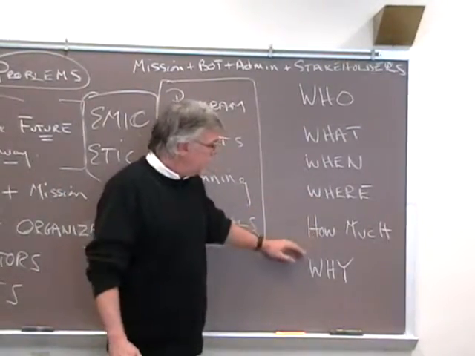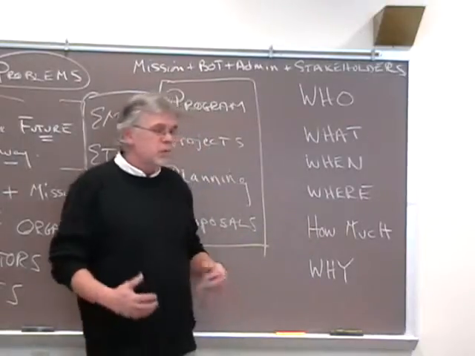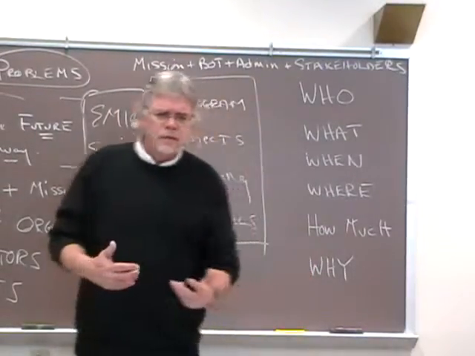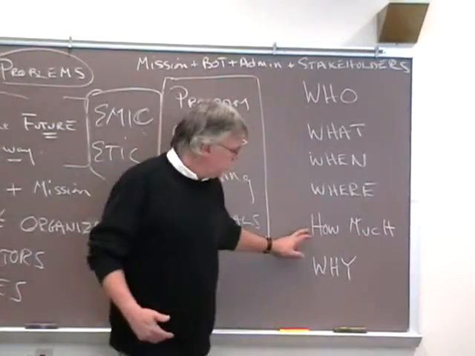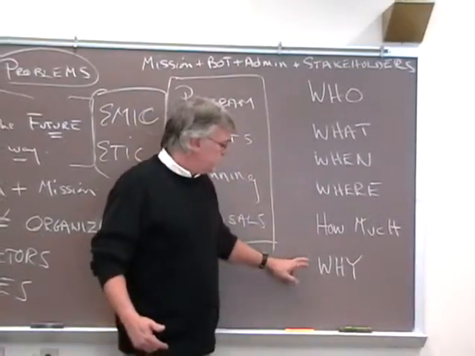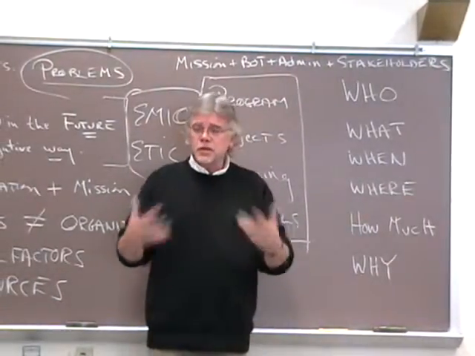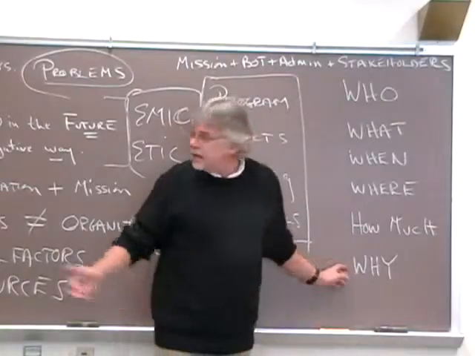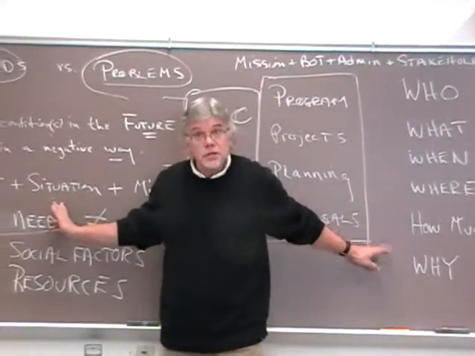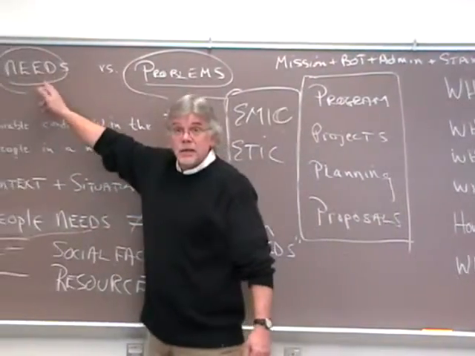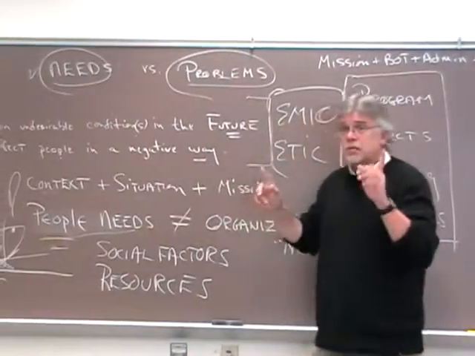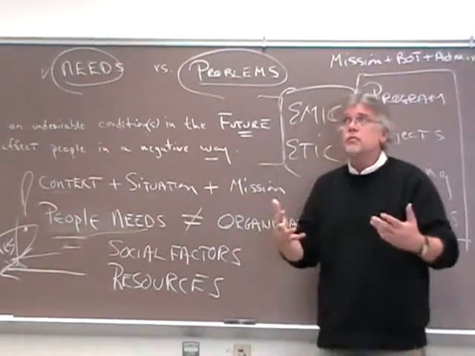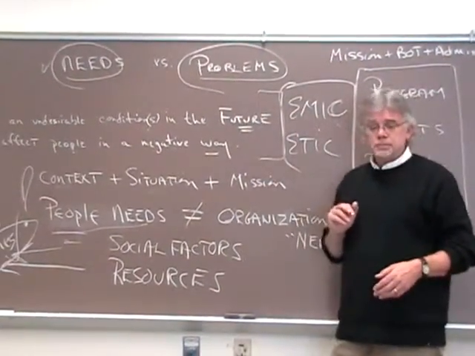And then we get into, okay, how much is needed here quantitatively? Again, a lot of this is in your reading as well. And why does this occur? Why are we looking at a particular situation? Does it relate to need? Or can we see that it relates to something more basic, more fundamental problems?